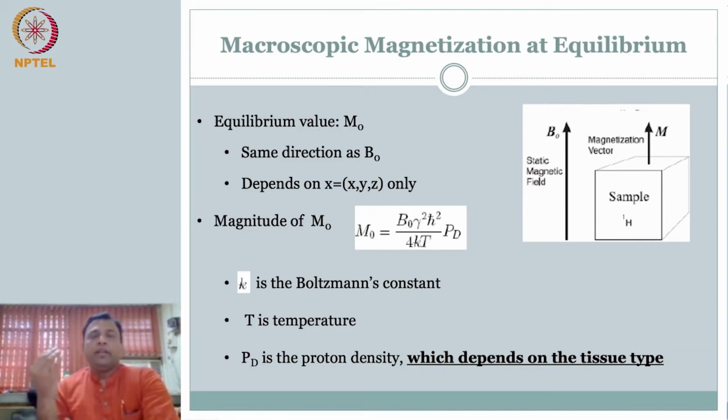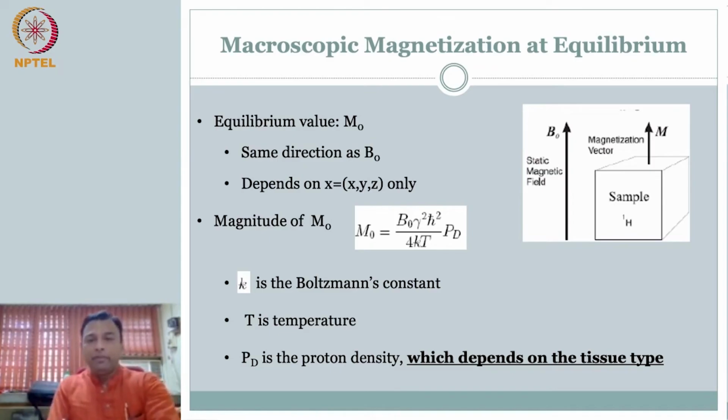How do I know it is hydrogen? If it is gamma, then I know the signature frequency. So if I get signal at that frequency, which was 42 point whatever megahertz for 1 Tesla, depending on the B0 that you are using. So your gamma is for hydrogen. That also is not a problem for me.